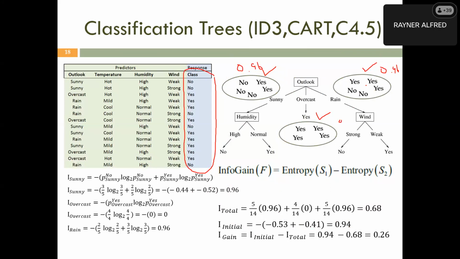To combine all three, we need to find the weightage. The weightage for this partition is 5/14 because we have 14 total records here. This is 5/14, and this is 4/14. Since we have all the weightage, we compute 5/14 times 0.96 plus 4/14 times 0 plus 5/14 times 0.96. So we get this.